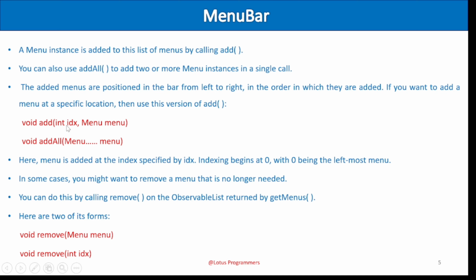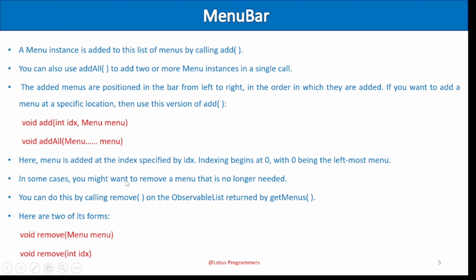As the first argument, we specify the index, that is, at which index position we are adding the menu. Suppose at a particular index position you would like to add a menu, this method is called by specifying the index. The second, addAll method, from the observable list retrieved from the menu bar, just adds menus. The menus which are created are passed as arguments to the addAll method.